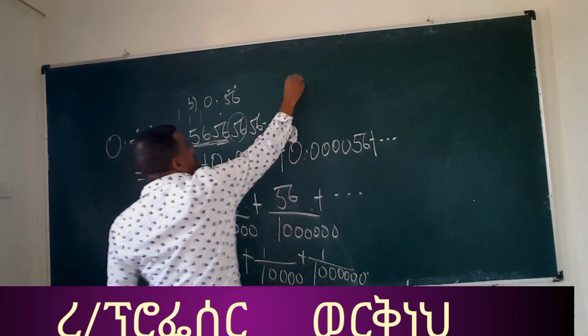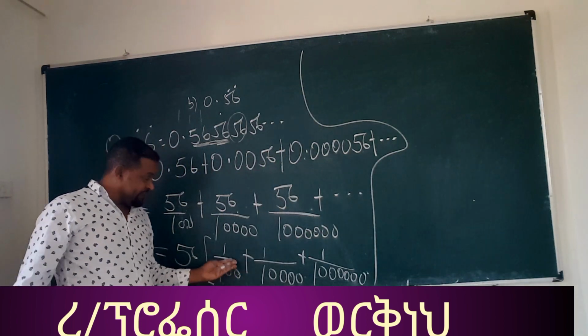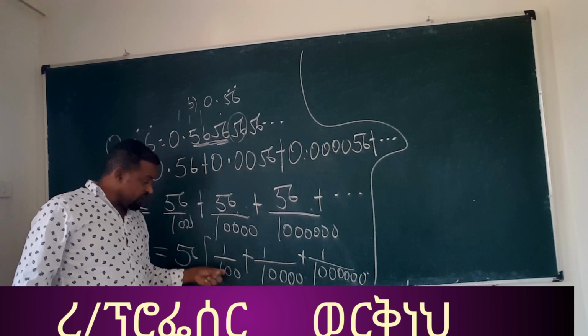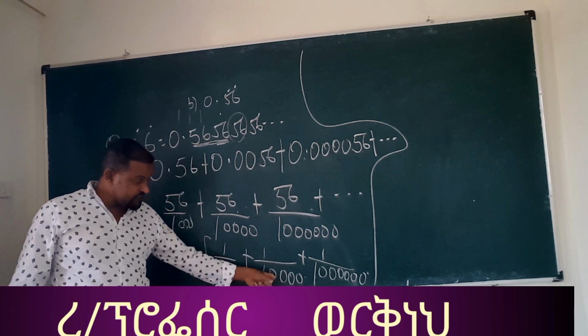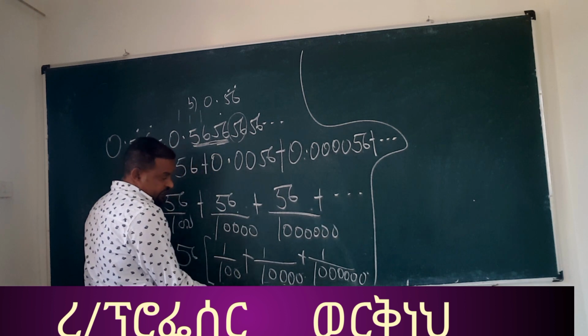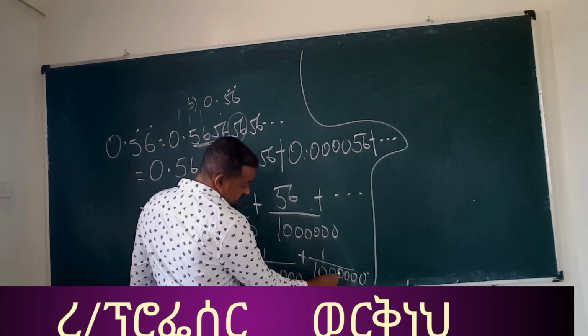This is a geometric series with G1 1 over 100. For the common ratio, divide 1/10,000 by 1/100: the two zeros cancel, so 1/100 remains.